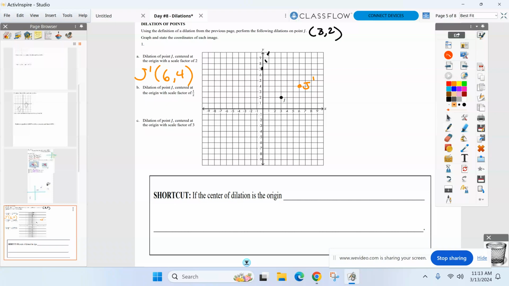Part B now, scale factor of 1/2. Now it's going to get closer. How much closer? Half the distance. Remember we went up 2 over 3, so cut each in half. Now you're going to go up 1, and over, I know this is awkward, 1.5. There's where J prime is, 1.5 comma 1.